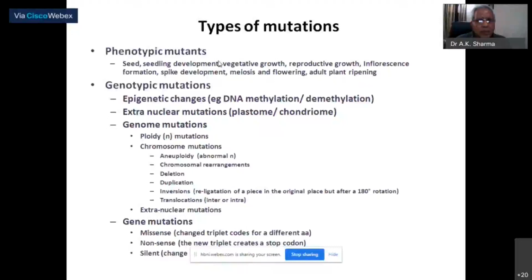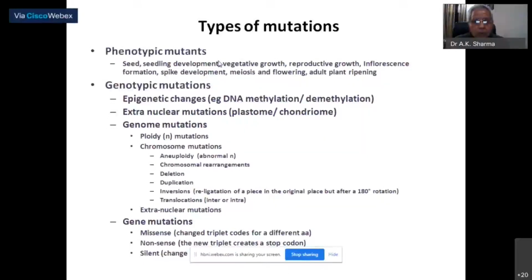Then there are genotypic mutations, which could be epigenetic. Epigenetic means they are related to changes taking place in the methylation or demethylation of DNA. So DNA is supposed to be intact, but the methylation pattern on DNA has changed.